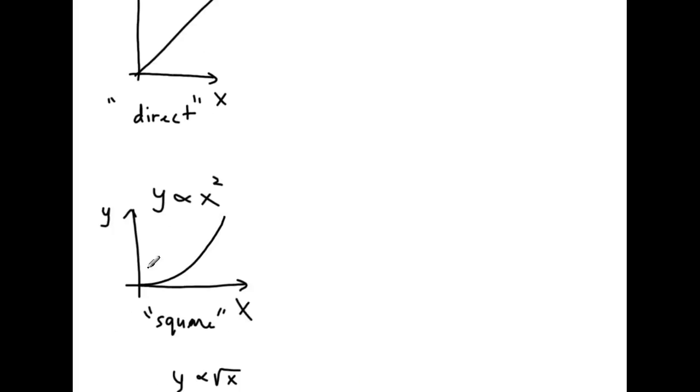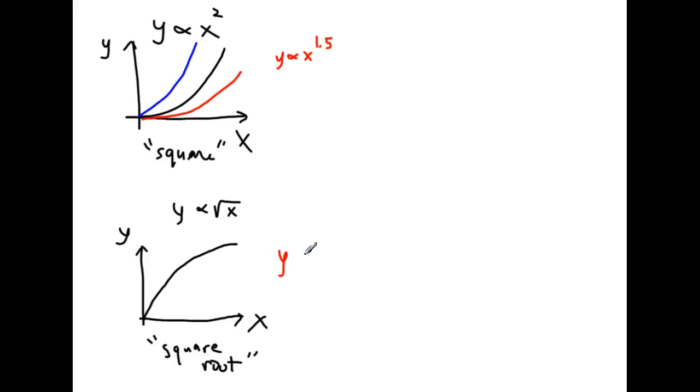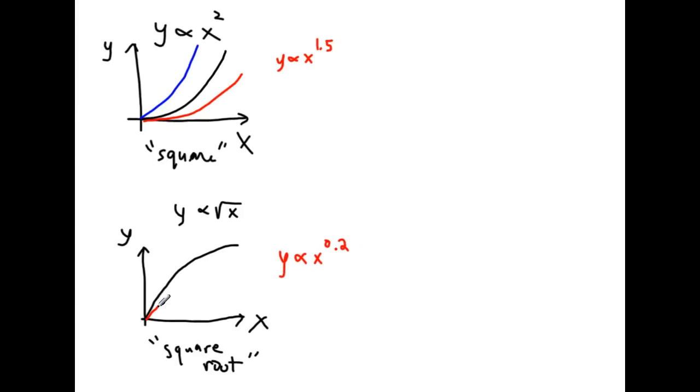Now there's something important to note. If you have something like y is proportional to x cubed, then it'll just be the same basic shape, but a little bit steeper. If you have y proportional to x to the power of 1.5, it'll again be kind of the same thing, but just not quite as steep. And likewise, if you have y proportional to x, not to the 0.5 power, but the 0.2 power, what do you have? Well, the graph just will level off more quickly.